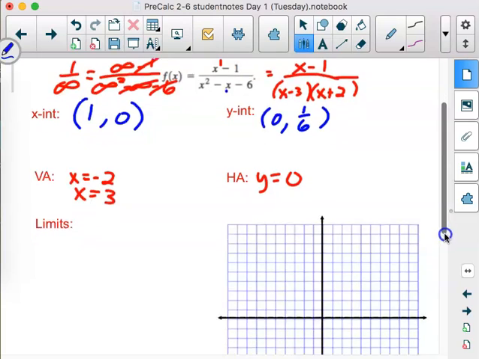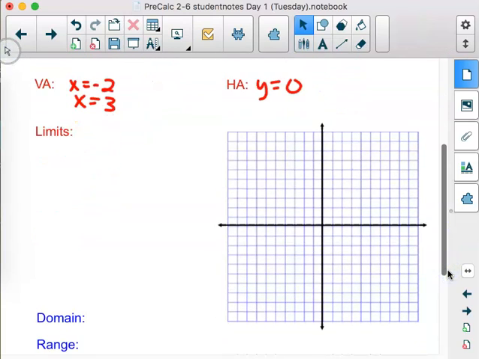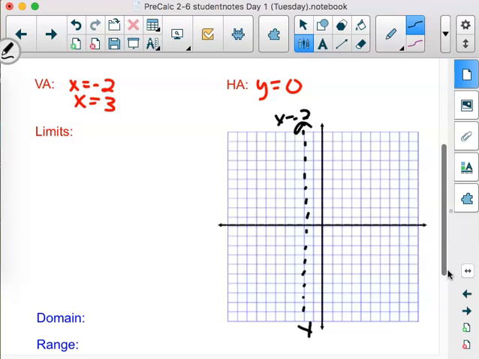Let's go ahead and get our asymptotes on here. At x equals -2, x equals -2 and x equals 3 and y equals 0.